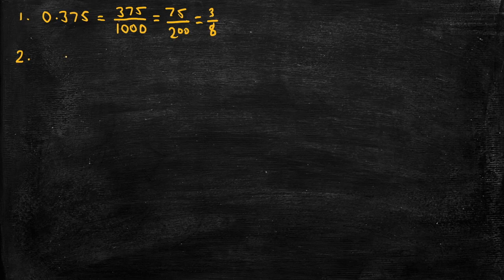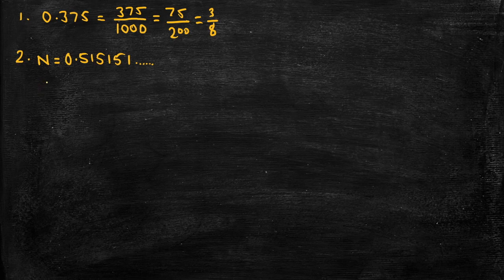So let's suppose we start with the number 0.515151, and so on. So the 5 and the 1 keep repeating infinitely. If I call this number n, I want to try and express n as a fraction.